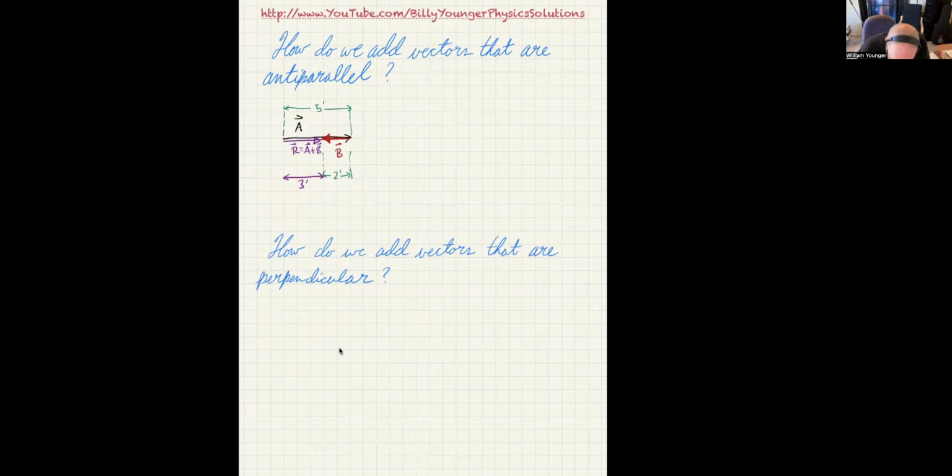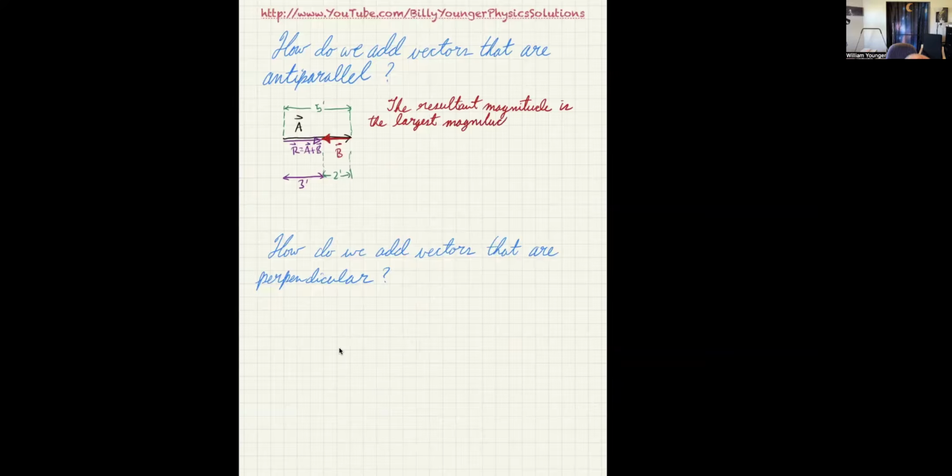So the resultant magnitude is the largest magnitude minus the smaller magnitude.